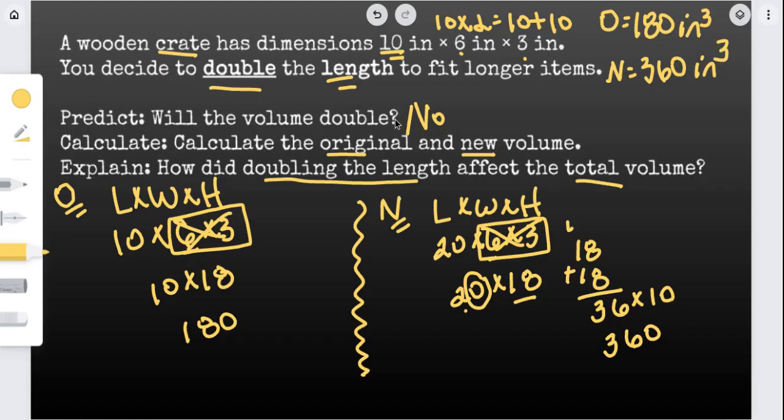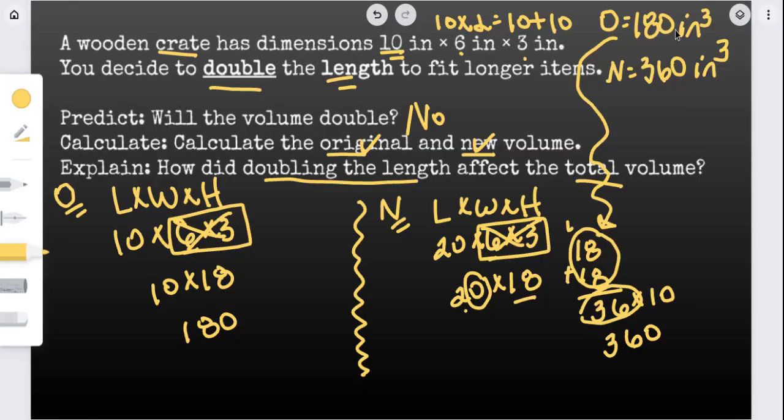So now I've made a prediction. I've solved for the original, solved for the new. Now I need to explain how doubling the length actually affected the total volume. Well, my original was 180 inches cubed. My new volume is 360 inches cubed. I saw when I was working out my new volume, when I doubled 18, it gave me 36.